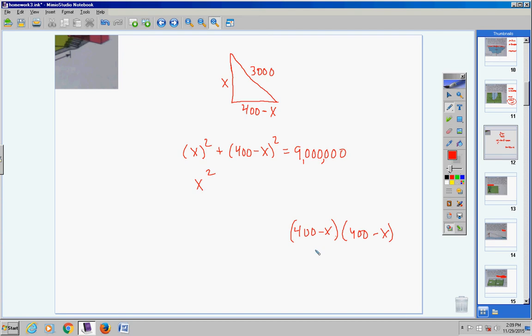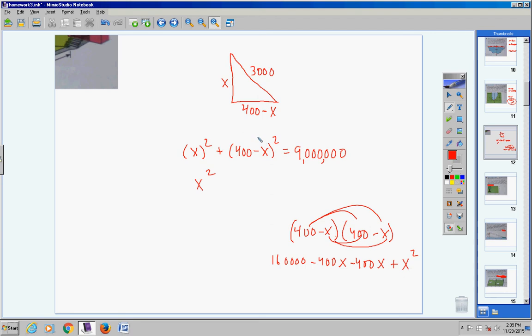400 times 400 is 160,000. 400 times negative x is negative 400x. Negative x times 400 is negative 400x. Negative times negative is positive x squared.